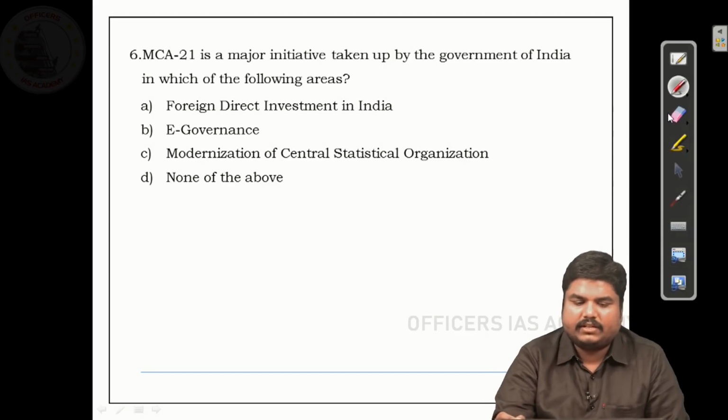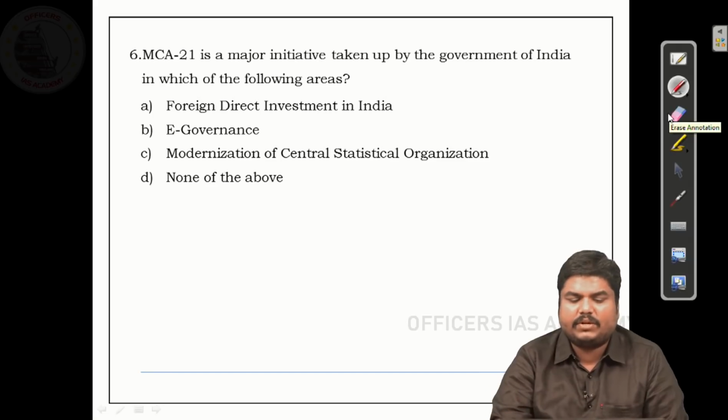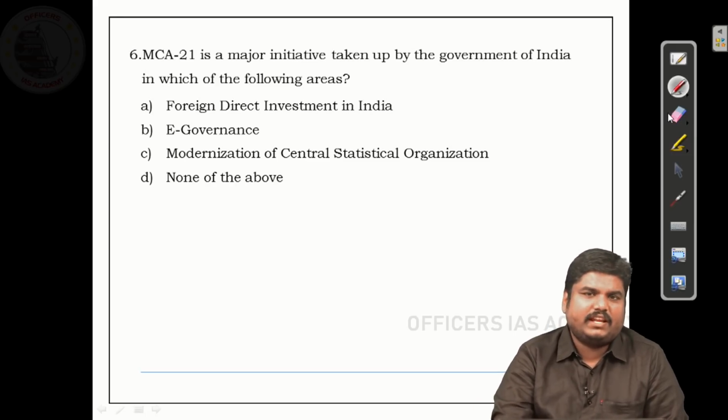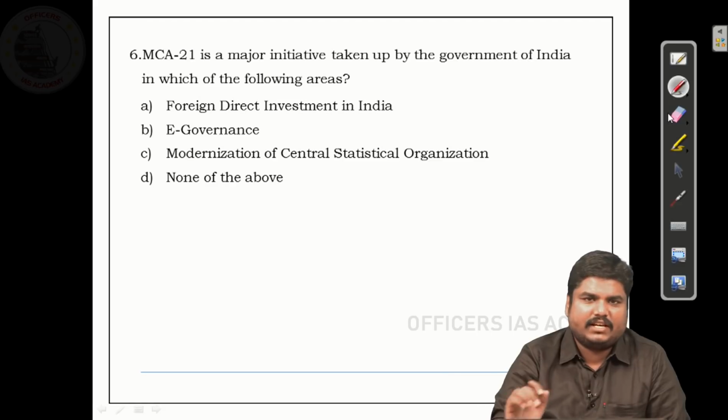MCA 21, Ministry of Corporate Affairs 21st Century, is a major initiative taken by the Government of India in the following areas. The Ministry of Corporate Affairs came up with a portal to facilitate the exchange of information between the companies and the government.